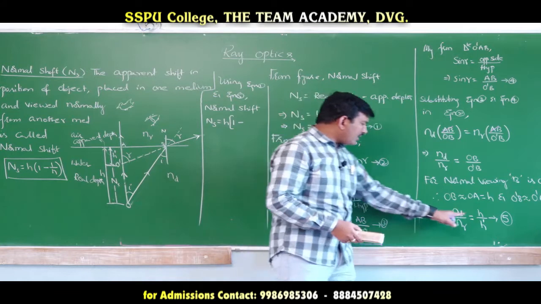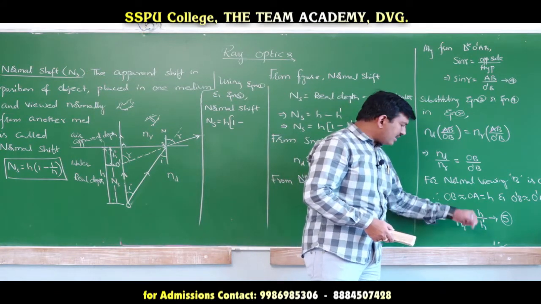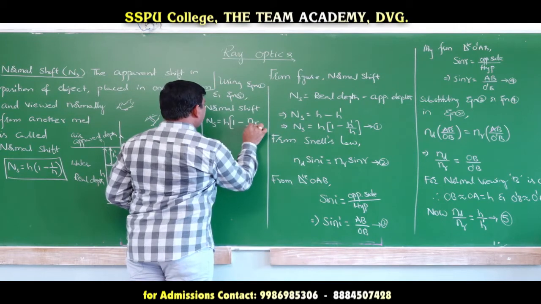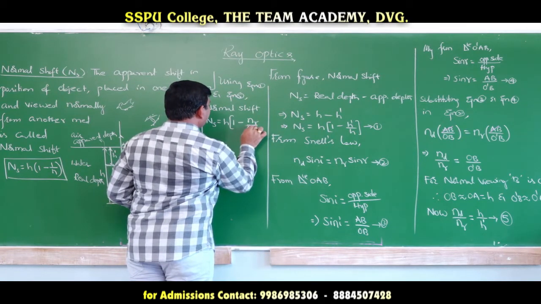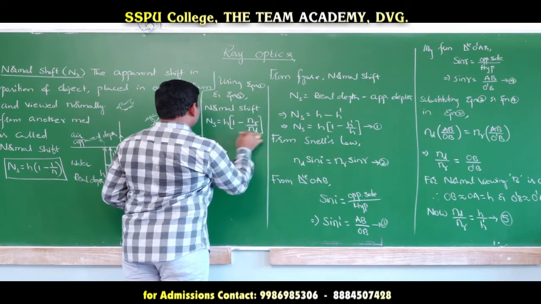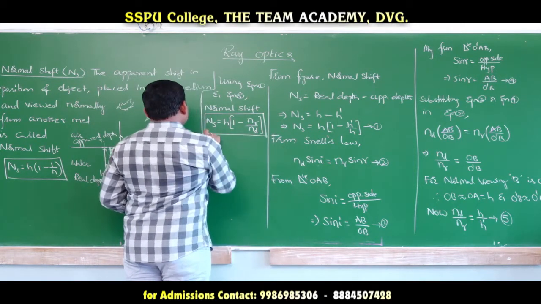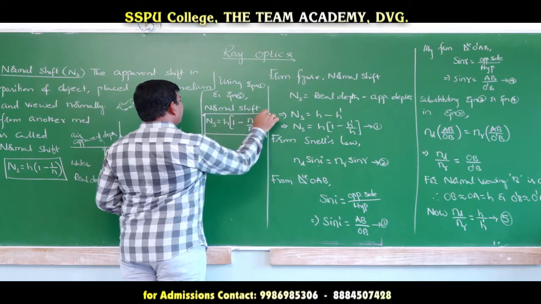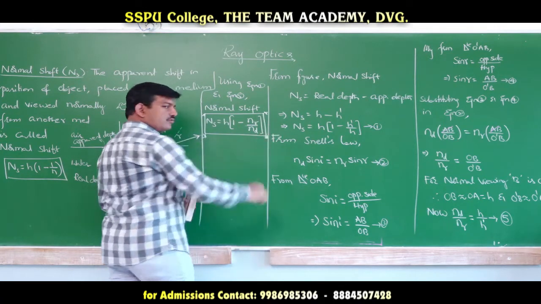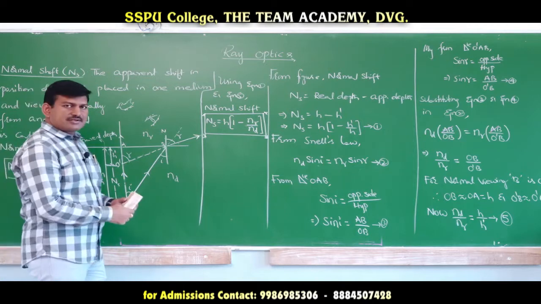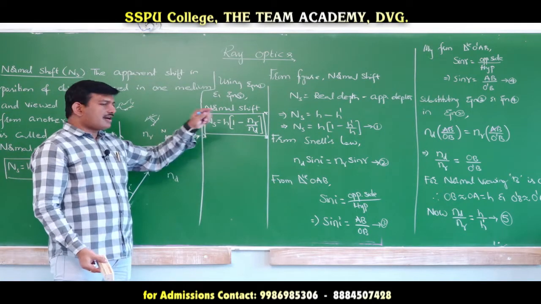Already I got h by h dash. H dash by h means nr by nd. This is the formula for normal shift that we are having. Ns is equal to h into 1 minus nr by nd.